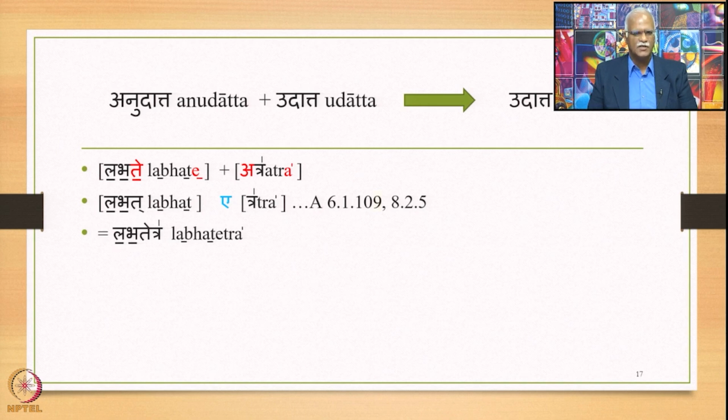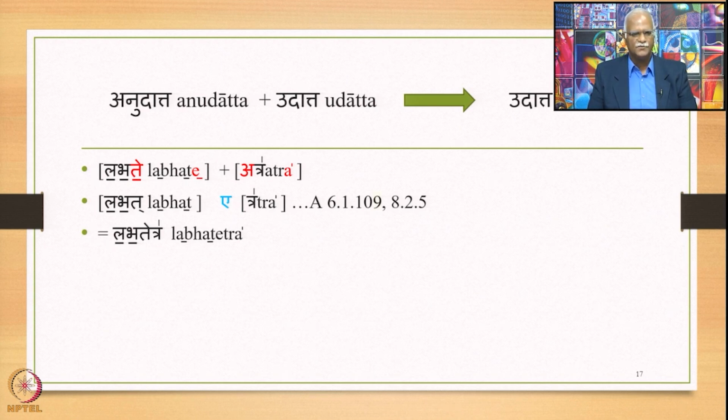So its substituents, namely a and a, have also got some accents. So one a is anudatta and the other is udatta. But now 825 comes into play and says that because one of the substituents is udatta, the substitute has to be udatta.